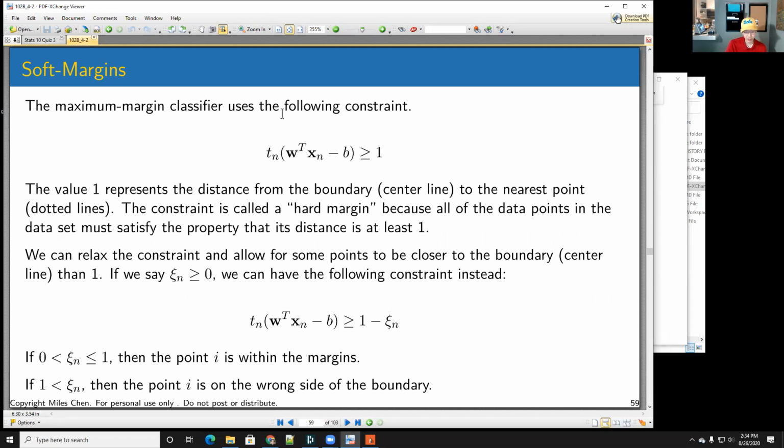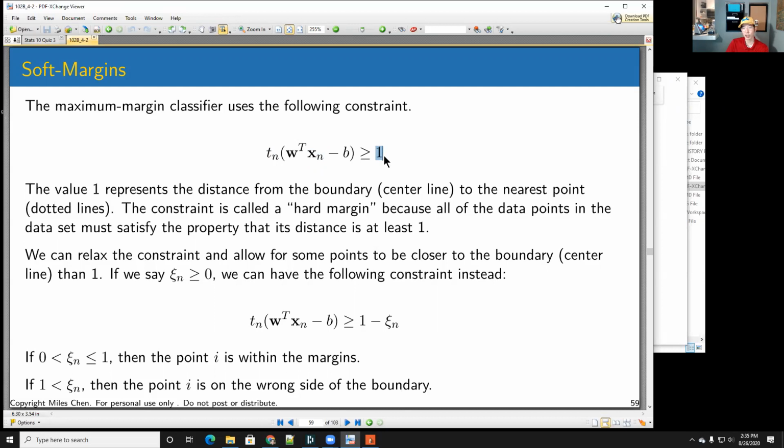Okay, and so when we created the maximum margin classifier, we had this constraint that whatever point you have, whatever label it is, when you multiply it by that x value, it needs to be on the correct side of the boundary. It has to be greater than 1, and if it's negative, then this will be negative, and the negative times the negative also has to be greater than 1, okay?